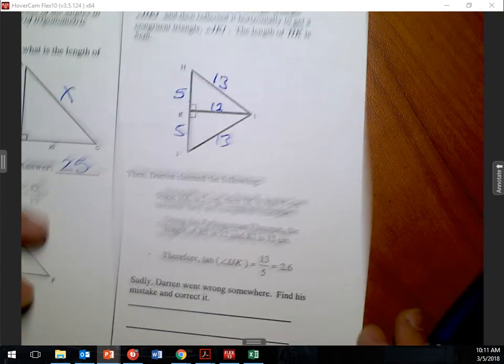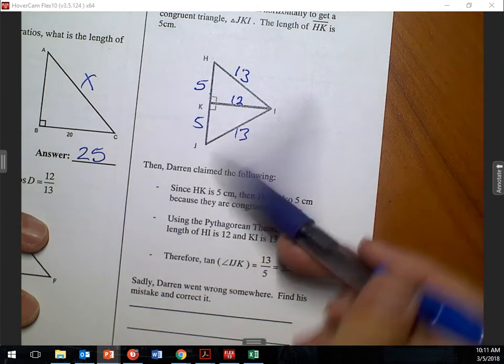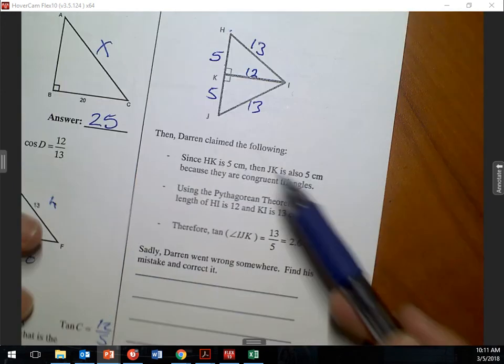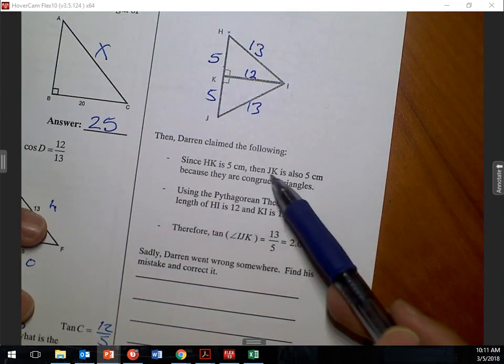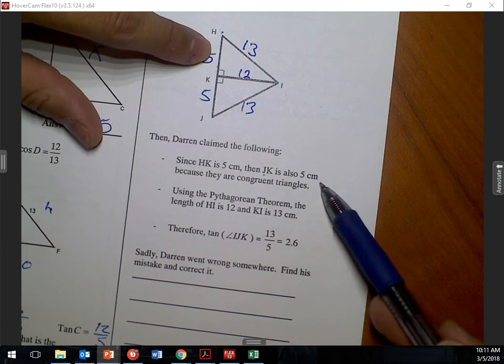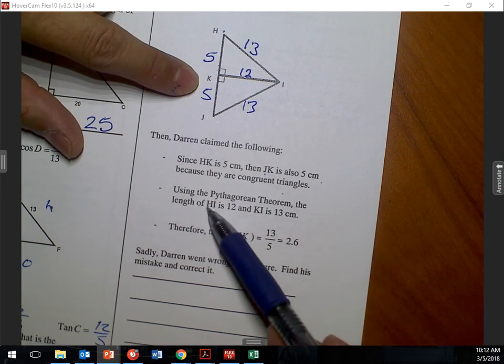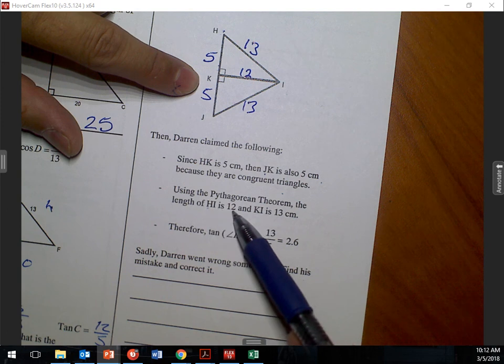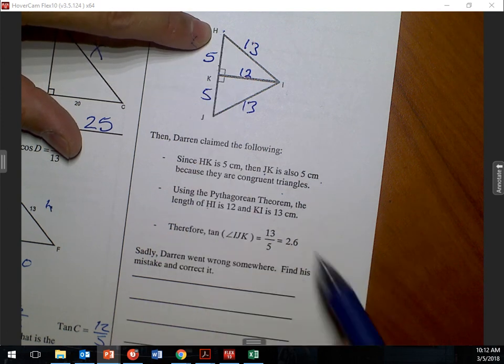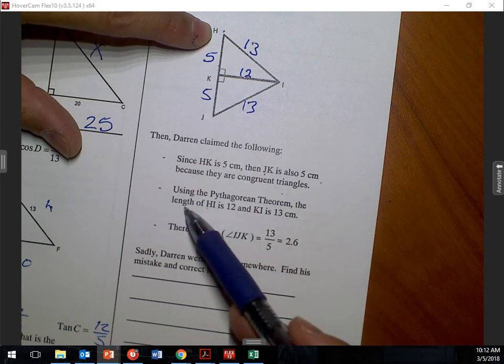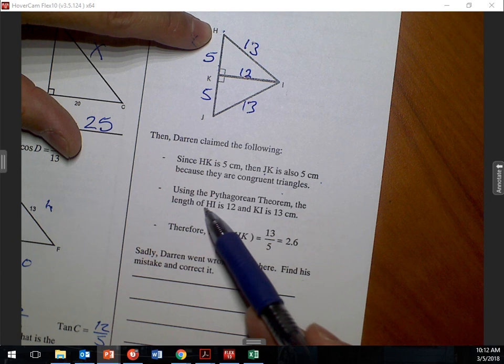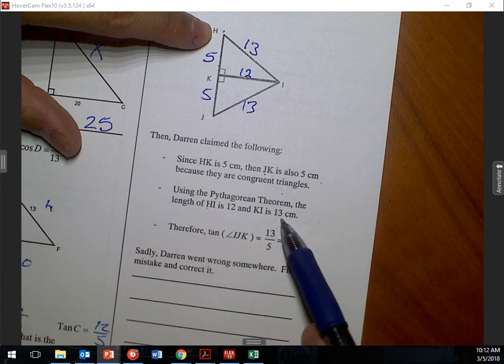So HK is 5 centimeters. Since HK is 5, then JK is also 5, right? Because they're congruent. By the Pythagorean theorem, HI is 12 and KI is 13.